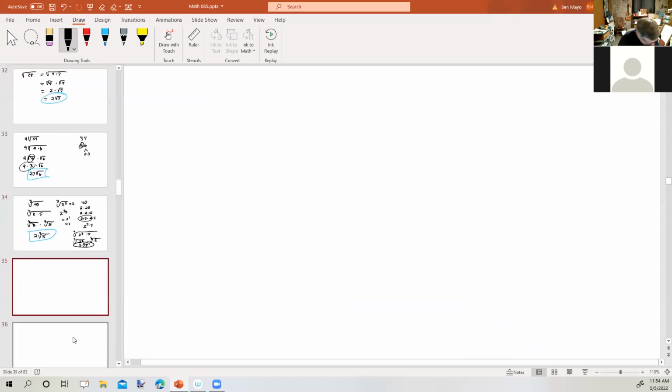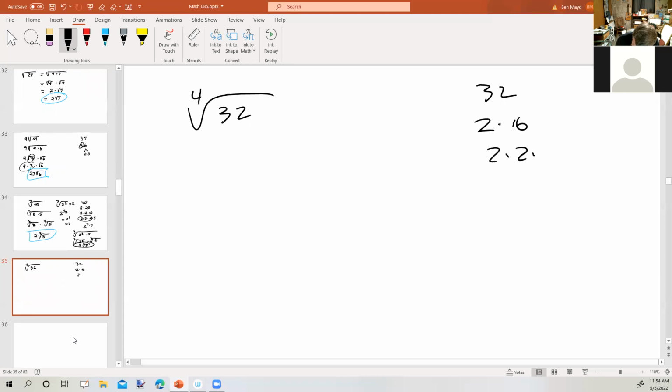Let's take a look at this one, the 4th root of 32. So now I'm looking for, I don't know, is it fourples, something to the 4th power? Well, 32 is 2 times 16, which is 2 times 2 times 8, which is 2 times 2 times 2 times 4, which is 2 times 2 times 2 times 2 times 2, or 2 to the 5th power.